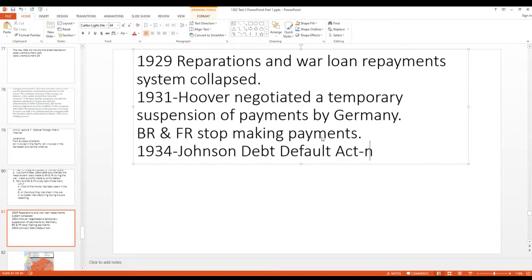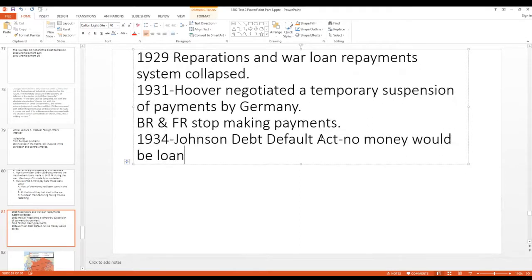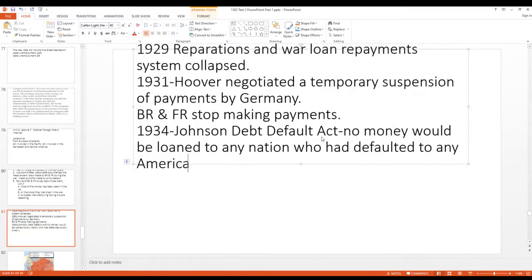which stated that no money would be loaned to any nation who had defaulted to any American institution.